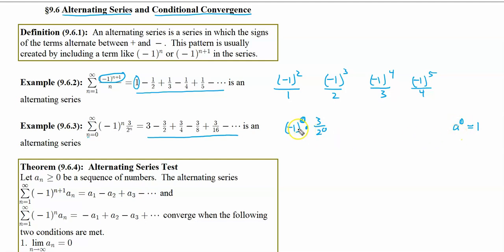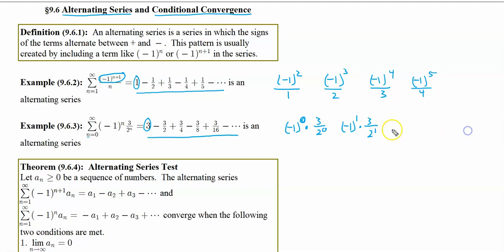So what we get here is 1 times 3 over 1, so that's just your 3 right here. That's how you get the 3. Then if you put 1 in for the n, you get (-1)^1 times 3 over 2^1. (-1)^1 is just -1, so you get -3/2.